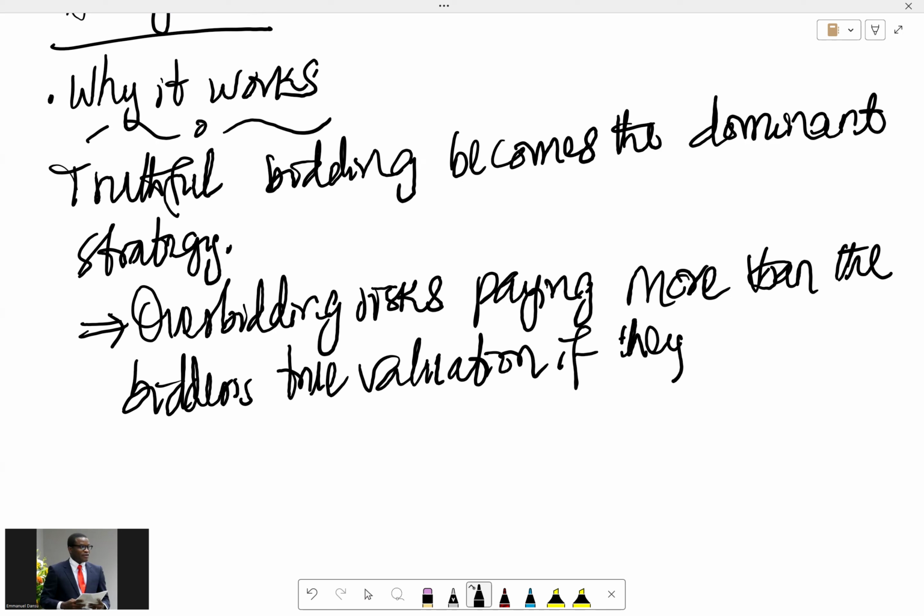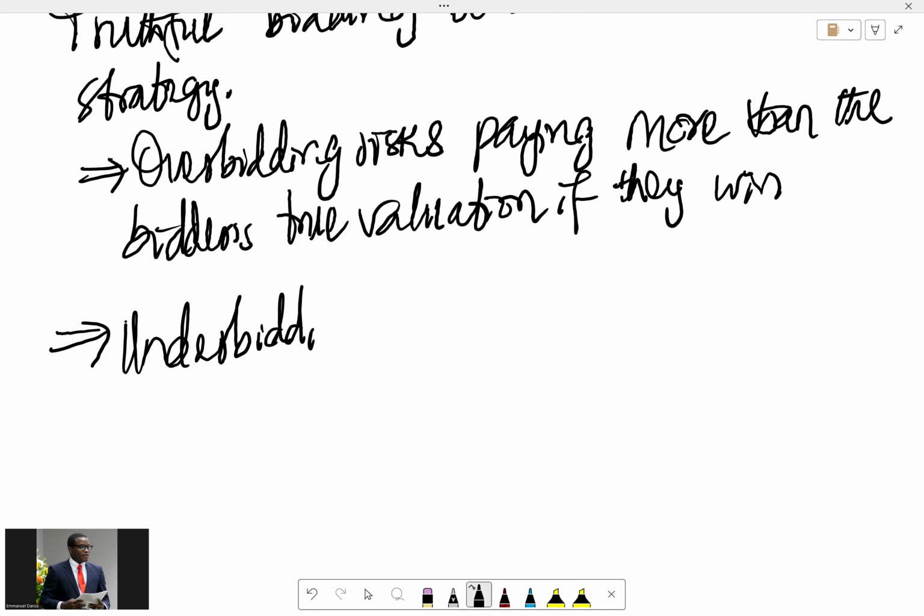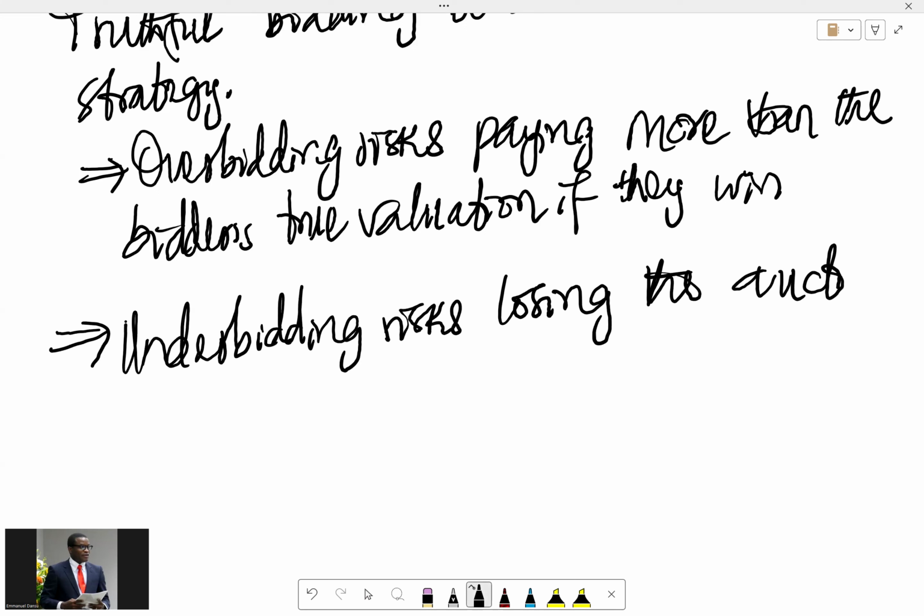So if all the bidders overbid, whoever ends up winning may have to pay more than necessary. Then the other situation is underbidding, right? In case you're underbidding, you can easily lose the auction. So underbidding risks losing the auction despite willingness to pay more.